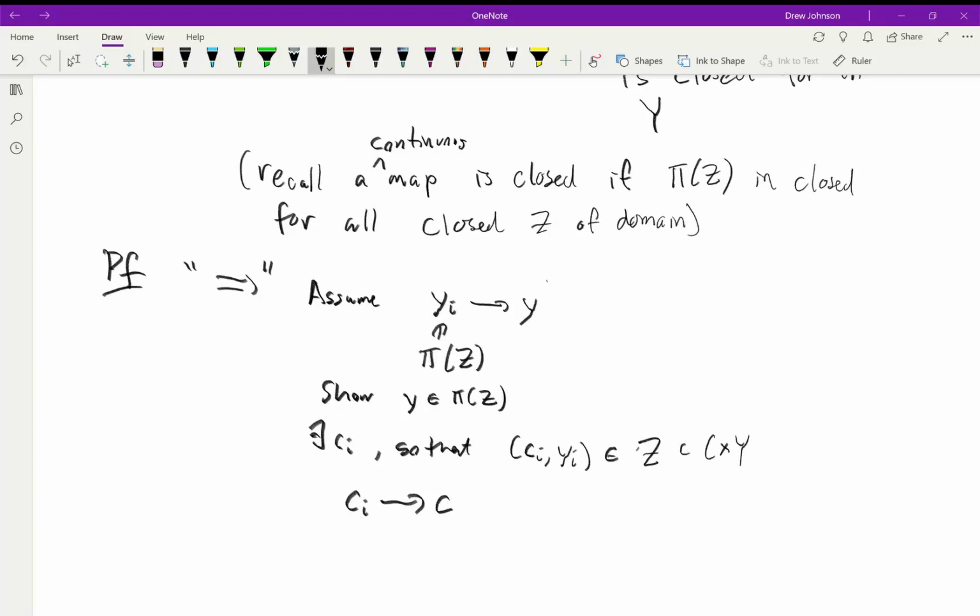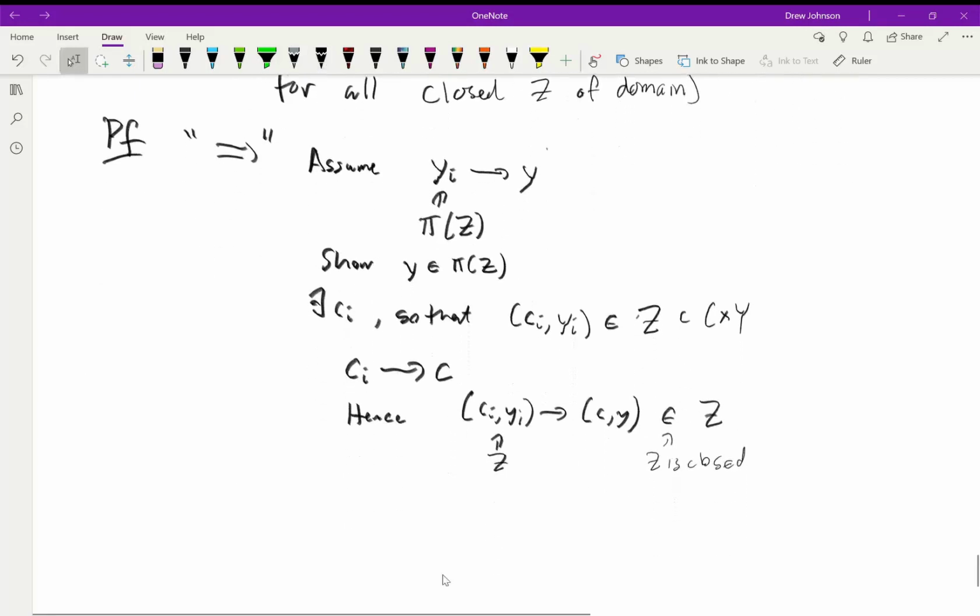Hence the y_i converge and the c_i converge, so the sequence in the product also converges. Then the limit has to be in Z because the (c_i, y_i) are all in Z, and Z is closed. But if (c, y) is in Z, then that means that y is in pi of Z. So we're done with that.